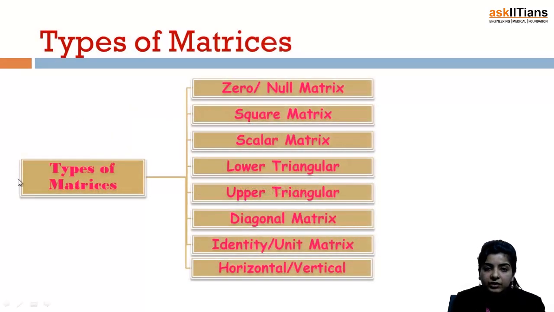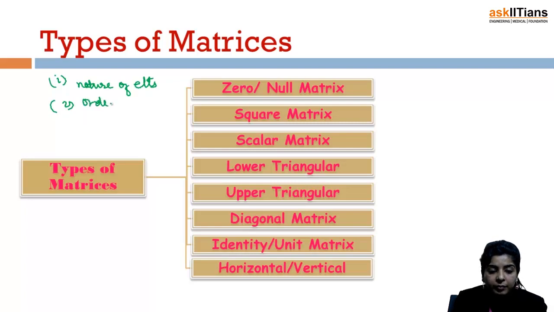Okay, next we have the types of matrices. When we talk of types of matrices, this is basically on two bases: either on the basis of the nature of elements in a matrix, or on the basis of the order of a matrix. So what are the main types?